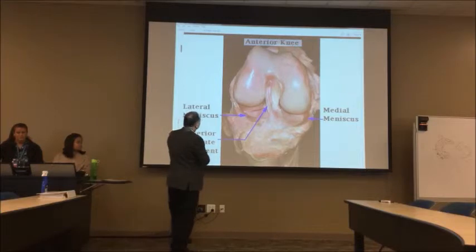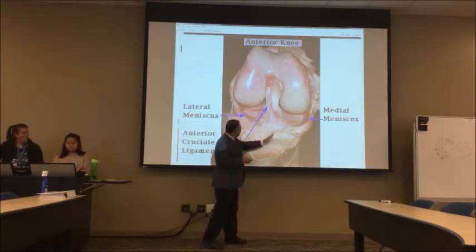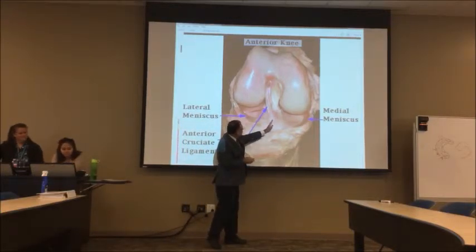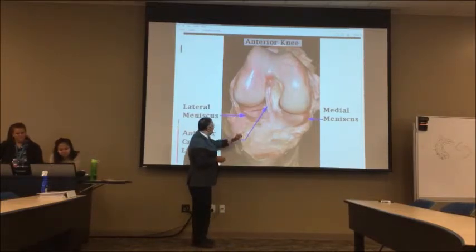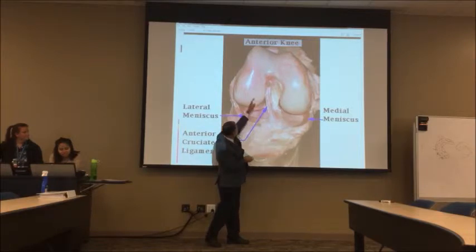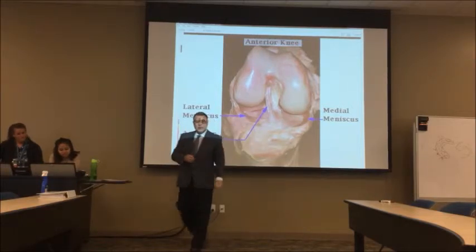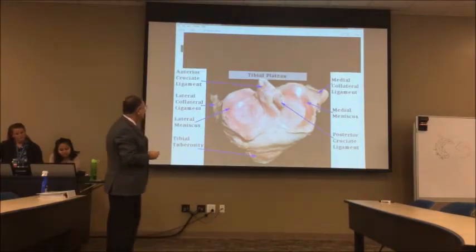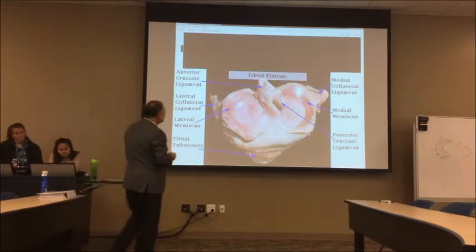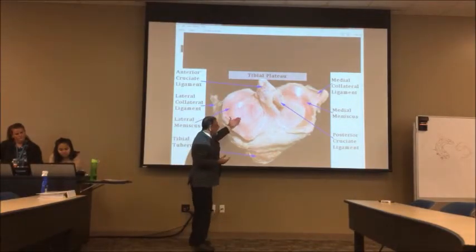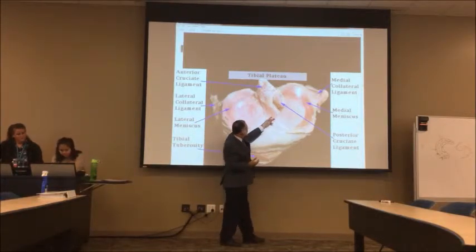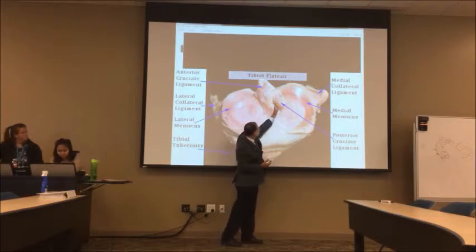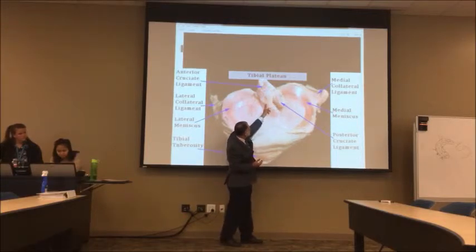Just a quick view of the medial side, where the ACL, the medial meniscus, and the lateral meniscus are. So from medial to lateral, that ACL is going to be located. The posterior cruciate, all looking at an axial or transversal view, you can see that it's placed posterior to that anterior, and the shape of it comes from a little bit more lateral into medial.